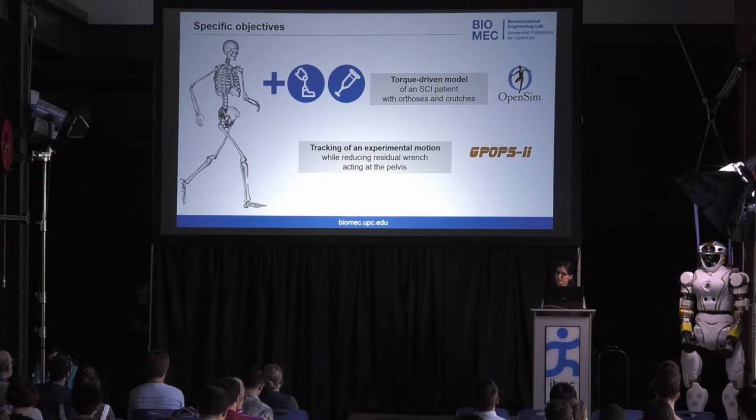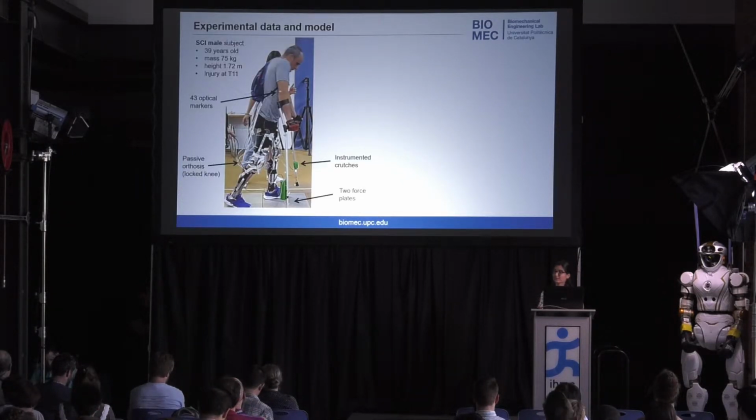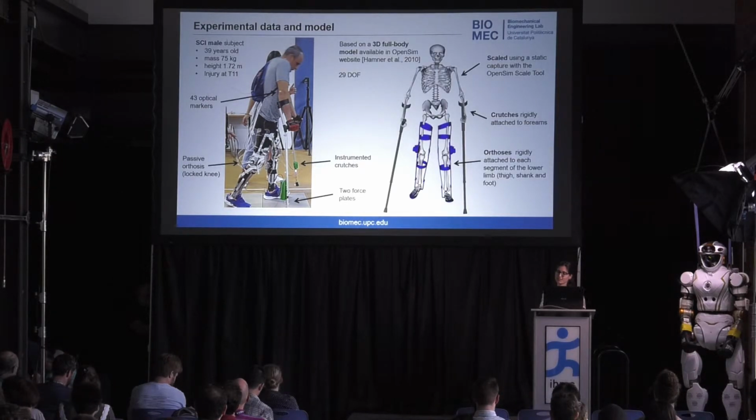First, I will explain this model that we have developed of an SCI patient, and also the optimal control framework that we are using to track an experimental motion and at the same time reduce the residual loads acting at the pelvis. We have collected marker data, foot ground and crutch ground reaction forces of this patient walking with passive orthosis, and we have developed a model in OpenSim based on an available model.